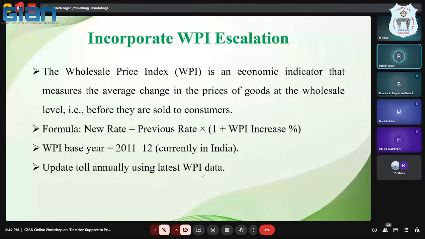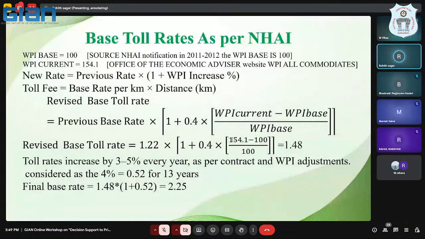Every year the toll rate should either increase or decrease, which will be defined by the Wholesale Price Index. The formula for calculating the new rate using WPI is: new rate equals previous rate into 1 plus WPI increase percentage according to the year. The WPI index increment we can get through the Office of the Economic Adviser website.